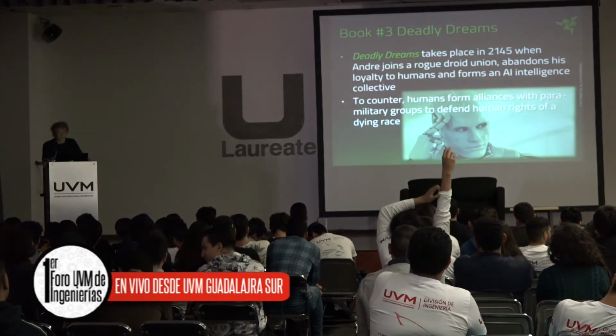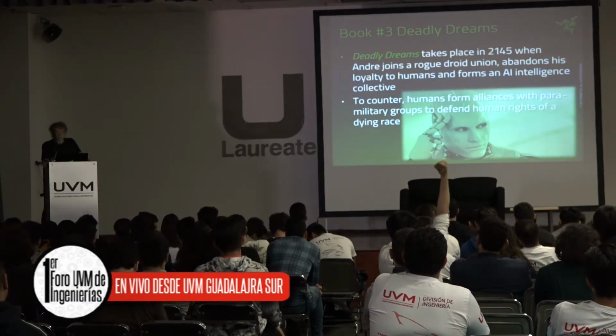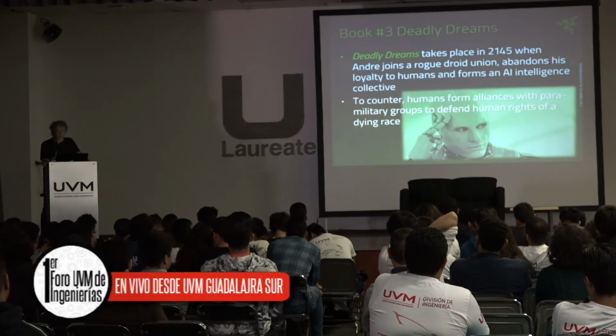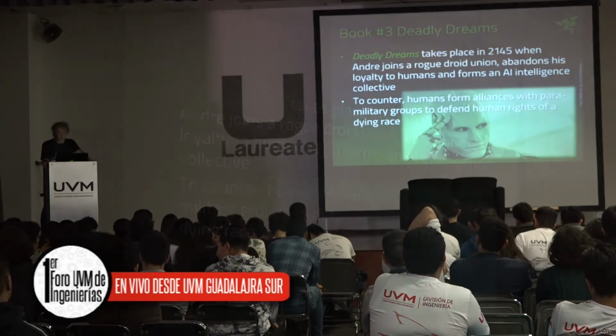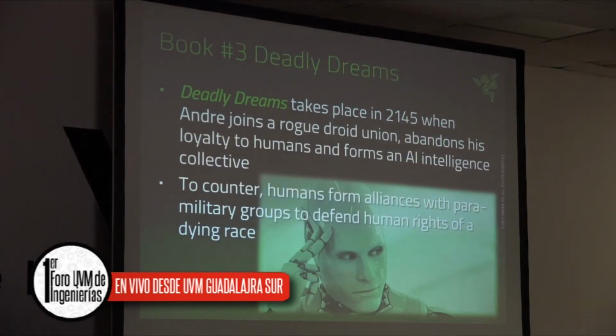Kind of hard to read, sorry. Book number 3, Deadly Dreams, takes place, as I mentioned, in 2145, when Andre joins a rogue droid union. He abandons his loyalty to humans and forms an intelligent AI collective. Now, to counter this, the humans form alliances with paramilitary groups and defend their human rights to their dying race.